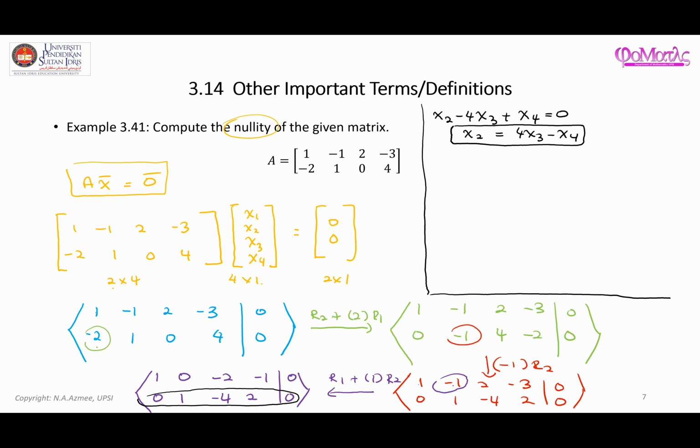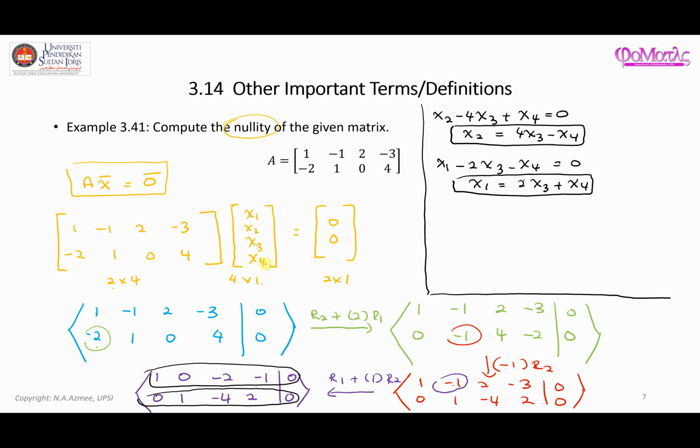Next I can consider this part. Here I have x1 minus 2x3 minus x4 is equal to 0. So x1 is just 2x3 plus x4. Clearly, what we have is two equations, but we have 4 unknowns.